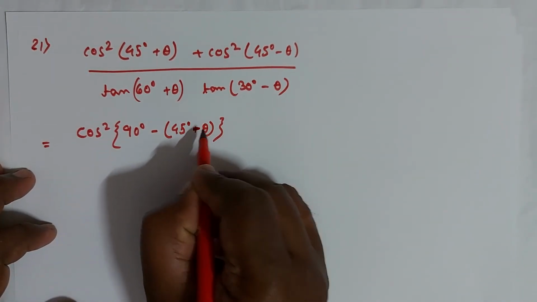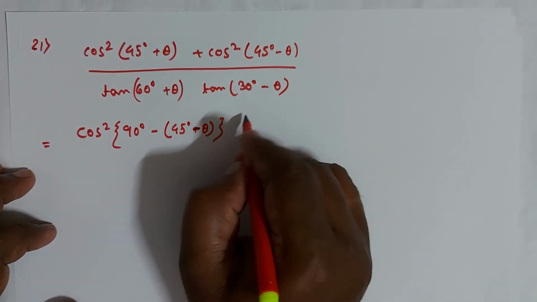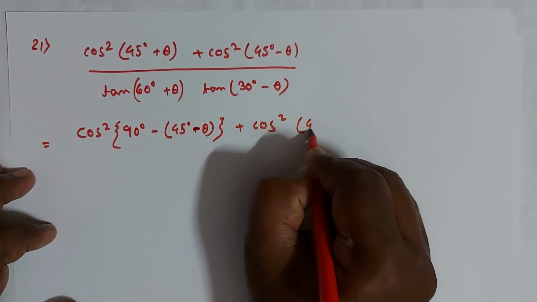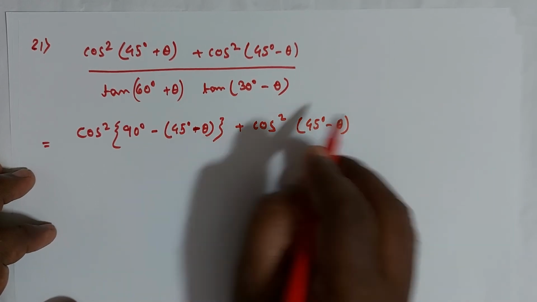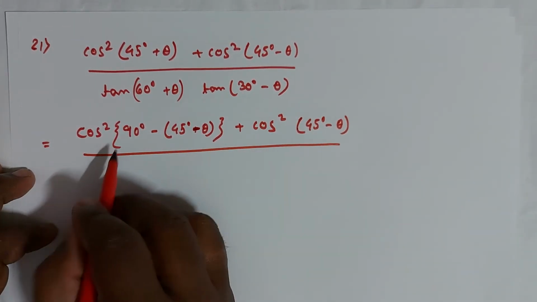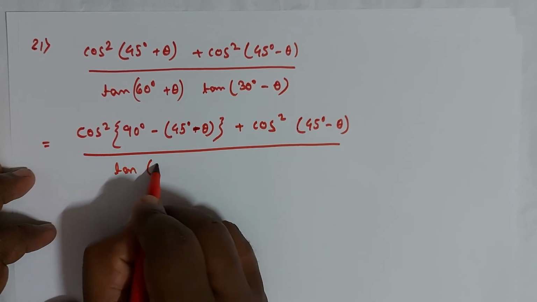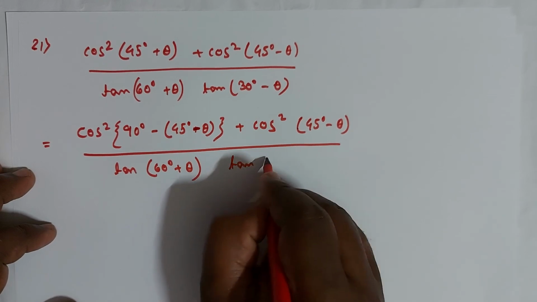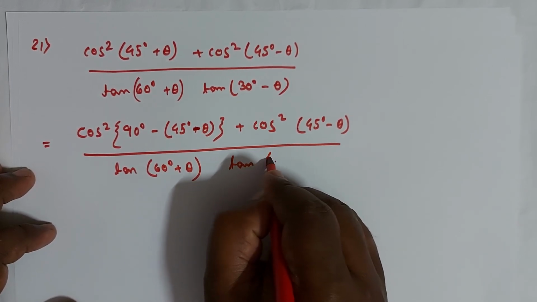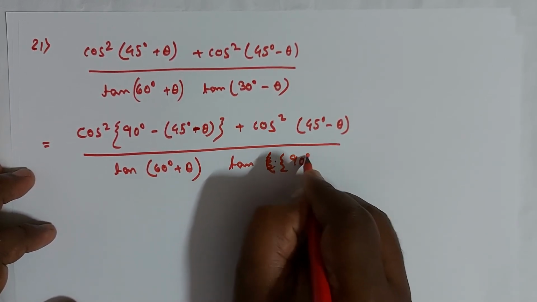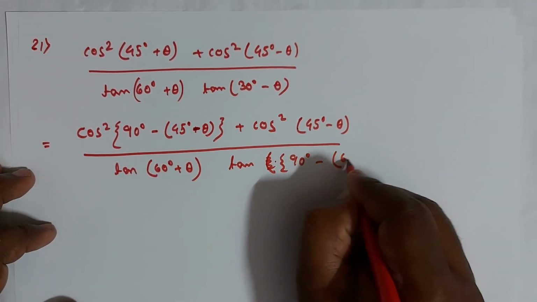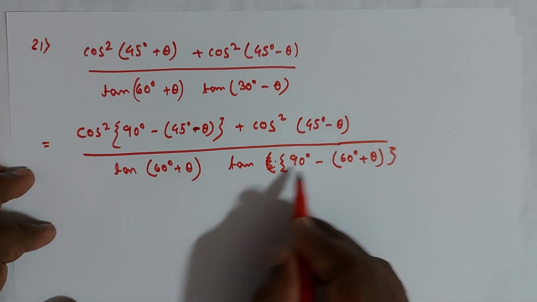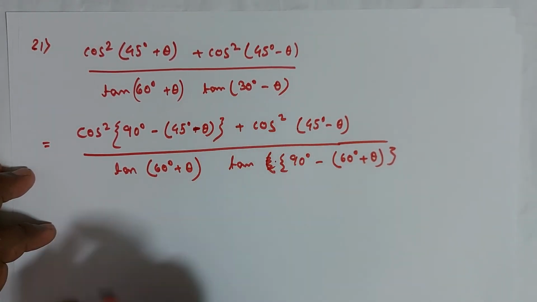So this is, okay, then plus cos square of 45 degree minus theta. Keep it as it is. Okay, then this is tan of 60 degree plus theta. Then write this as tan of 90 degree minus 60 degree plus theta. Okay, see 90 minus 60 is 30 and minus theta.